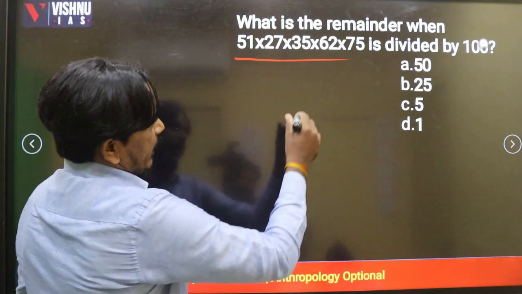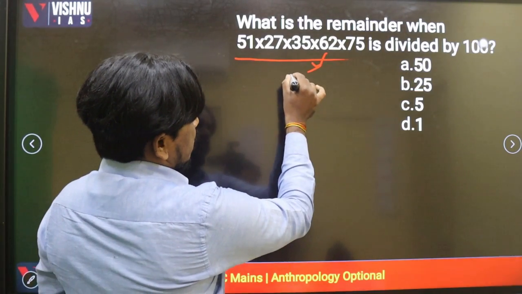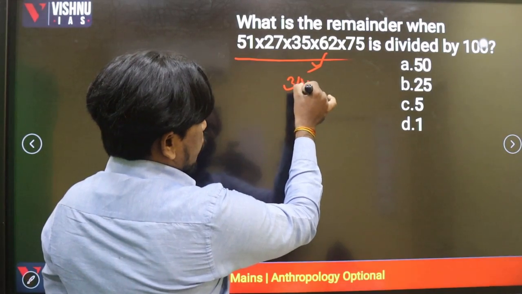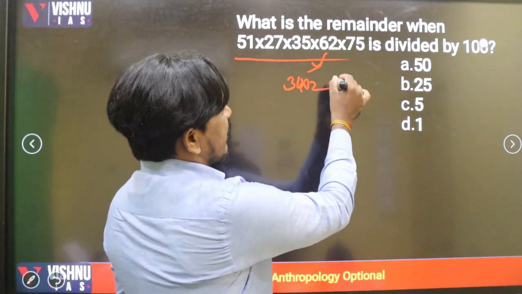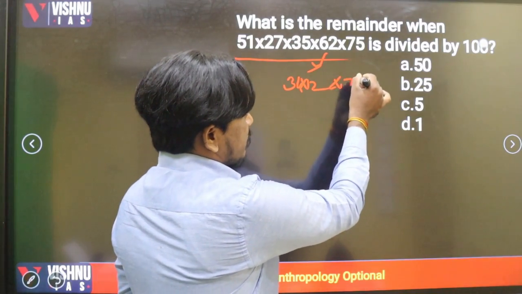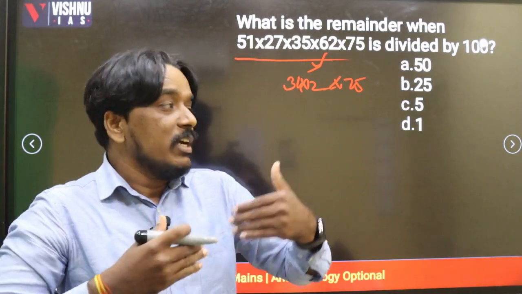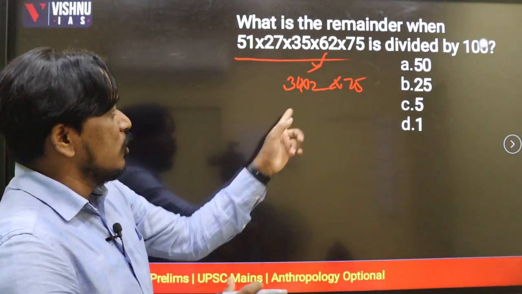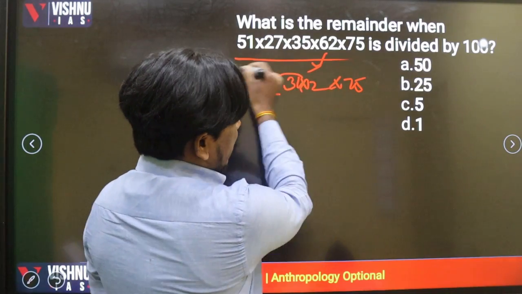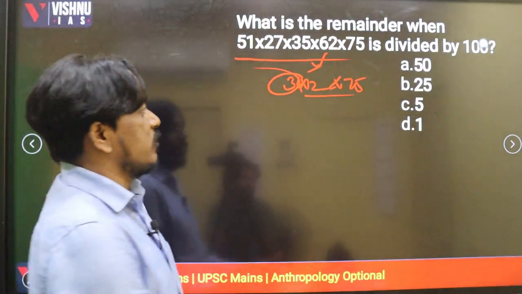For example, if you take 62, what can we write directly? 31 into 2 makes 62, and 75 you take as it is. Always focus only on digit values, because these basic mathematical questions depend only on digit related values. Keep 31 as it is. If you observe 2 into 75, it's 150.